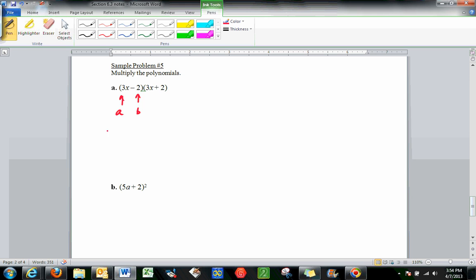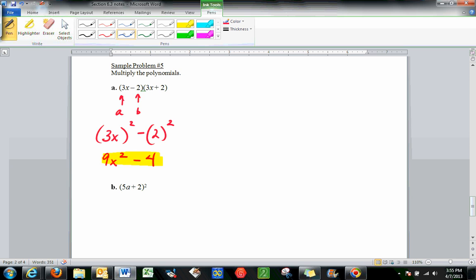So it's going to look something like this: (3x) squared minus 2 squared. 3x representing our A, 2 representing our B. And of course, (3x) squared is going to give me 9x squared, because the 2 goes to both parts. And then 2 squared is 4, so it's minus 4. And so there's our final answer. And of course, if you recognize this, this is what we call a difference of squares.